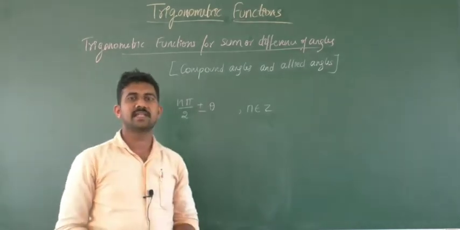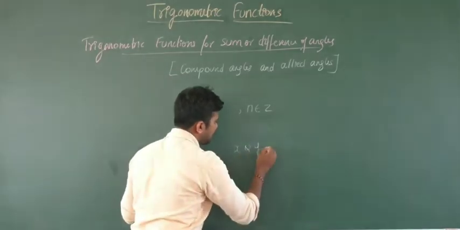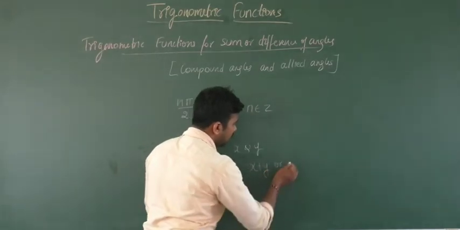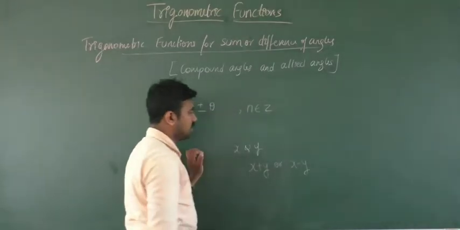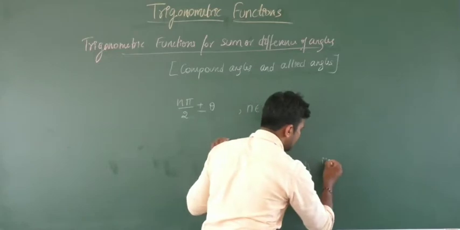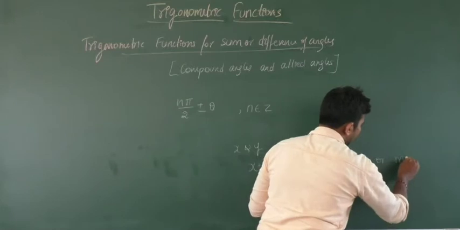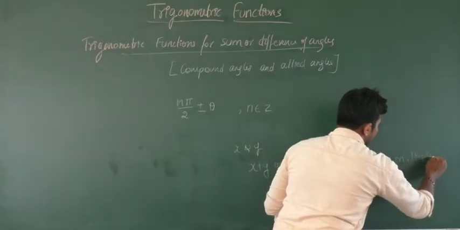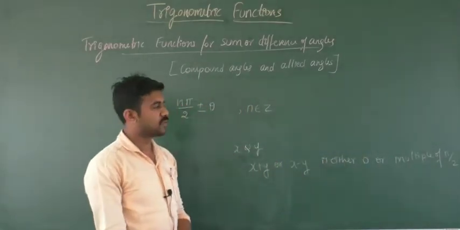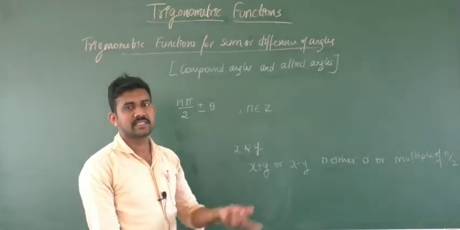Allied angles means here, if you consider two angles x and y, then x plus y or x minus y is either 0 or a multiple of pi by 2, 90 degree, multiple of 90 degree, it comes what, 90 degree, 180 degree, 270 degree, 360 degree, like this it continues, right?